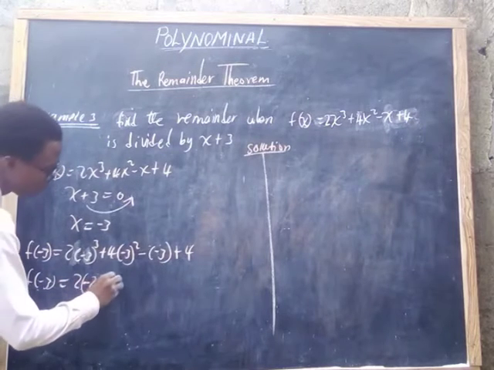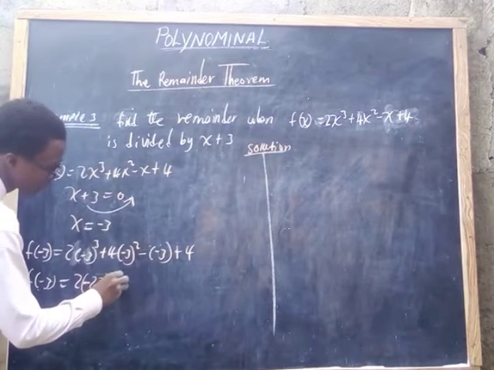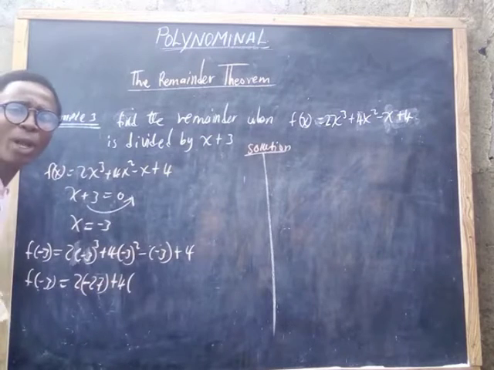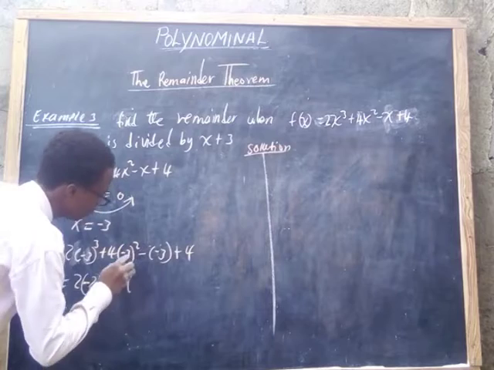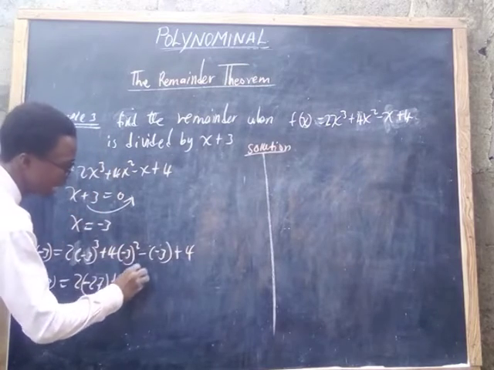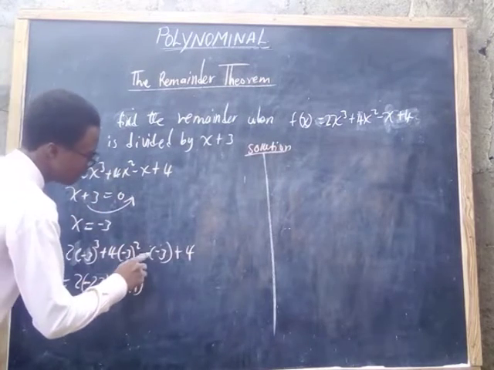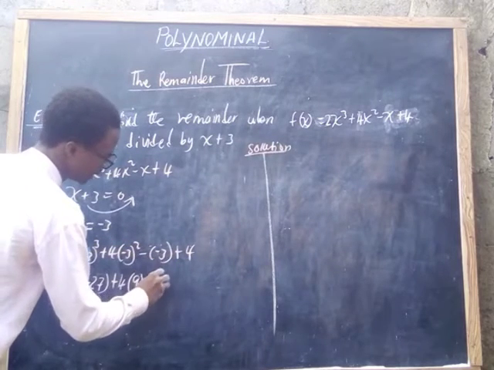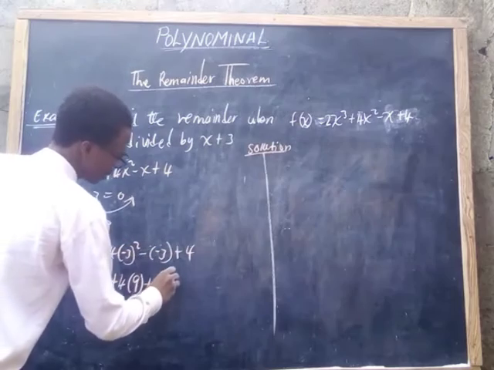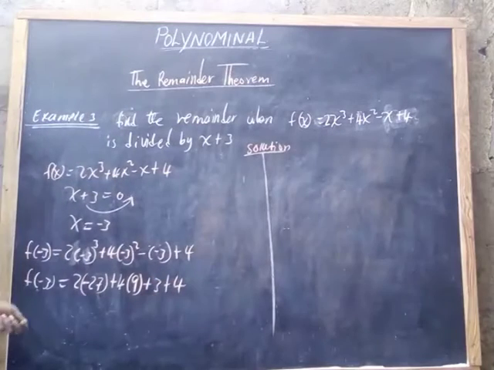Plus 4. Anytime you square a negative, it will become positive, right? So 3 squared is 9. So it will become plus 9. Minus times minus is plus. What is this? 3 plus 4. Do you see it? Good.